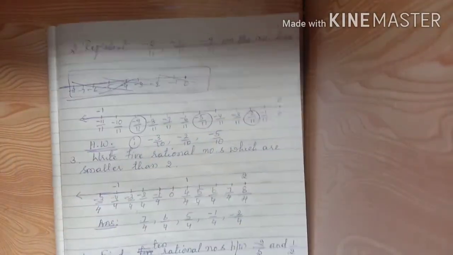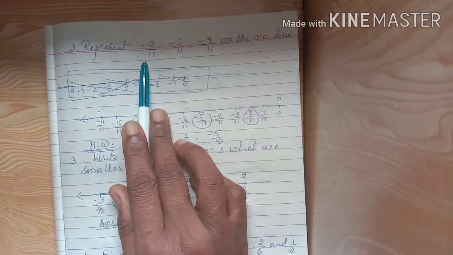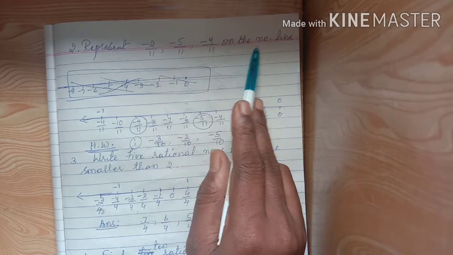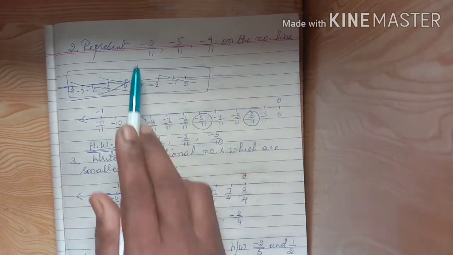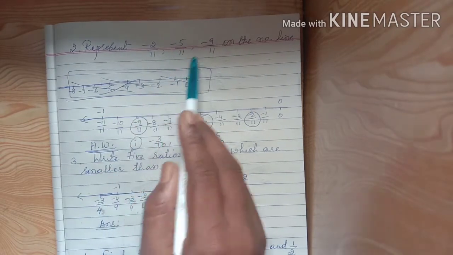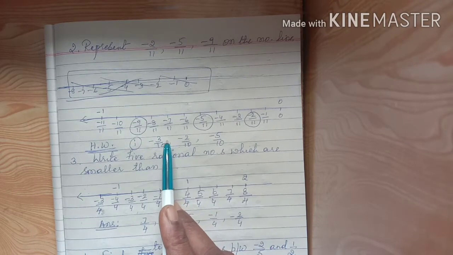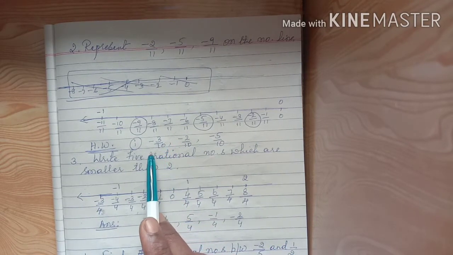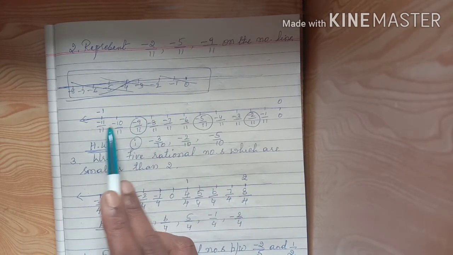Now next, represent minus 2 by 11, minus 5 by 11, minus 9 by 11 on the number line. Okay, children, this is the number line, you all know. Minus 2 by 11, minus 5 by 11, minus 9 by 11, all these are greater than minus 1. Yes or no, children? That means these numbers can be located between minus 1 and 0.